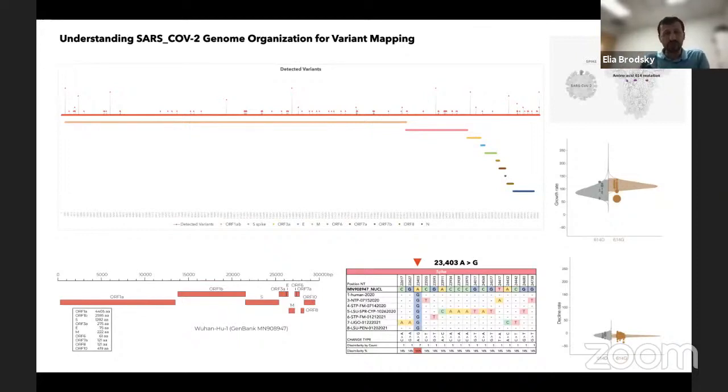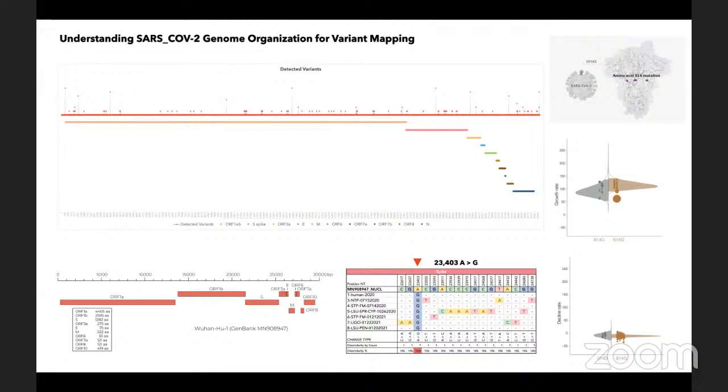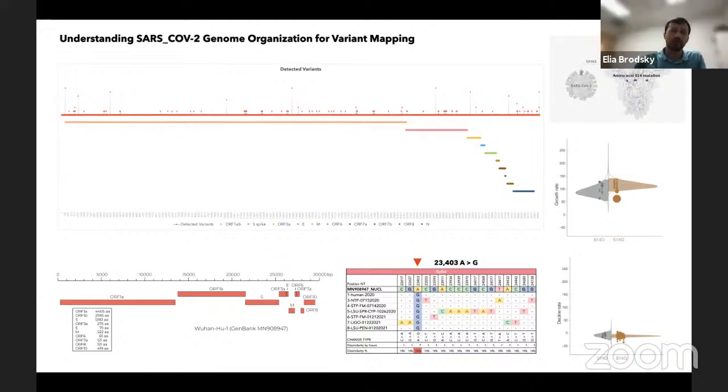How evolutionarily likely is that change based on BLOSUM scores, or how the physicochemical properties of that specific change could affect the interaction again with the different proteins. So many different types of questions that we can ask, but ultimately we need data.